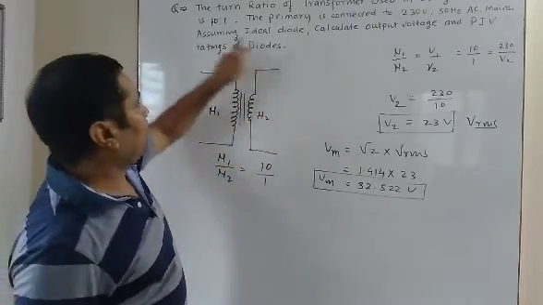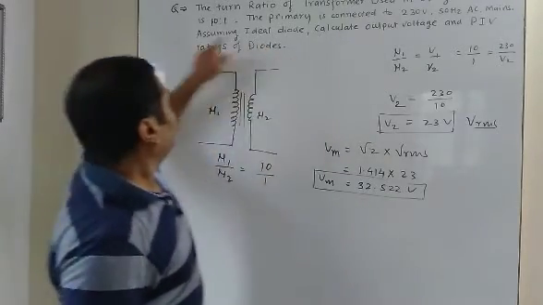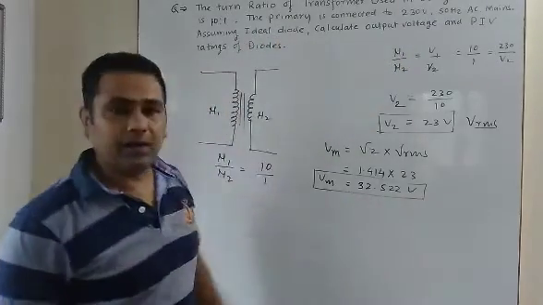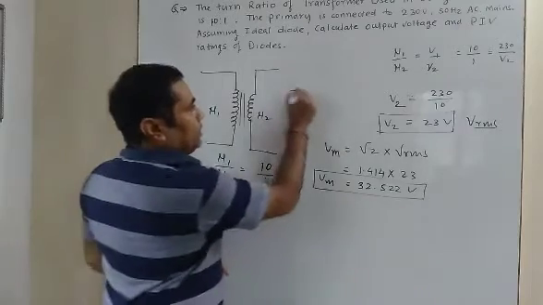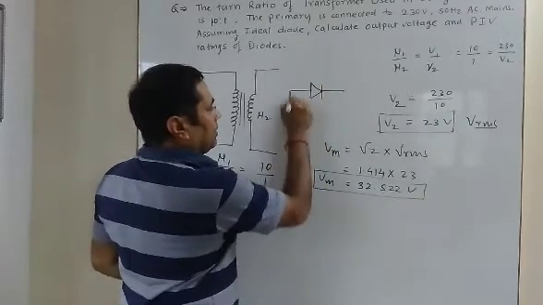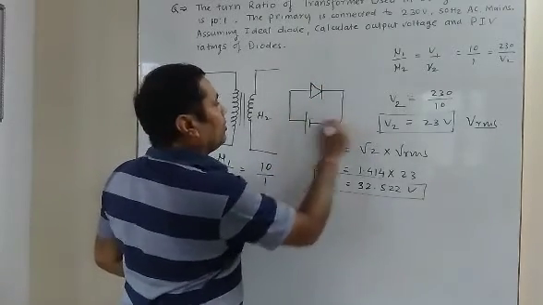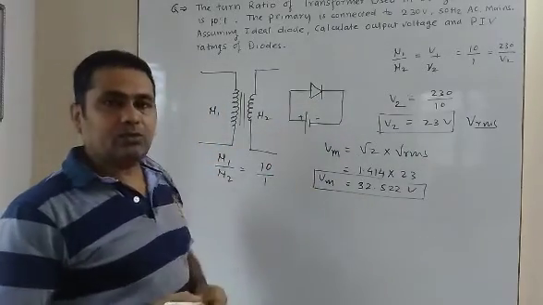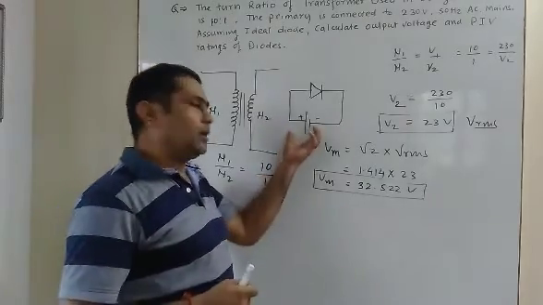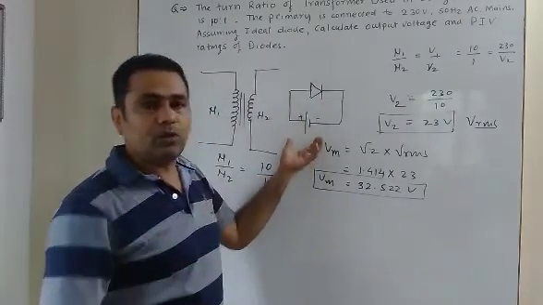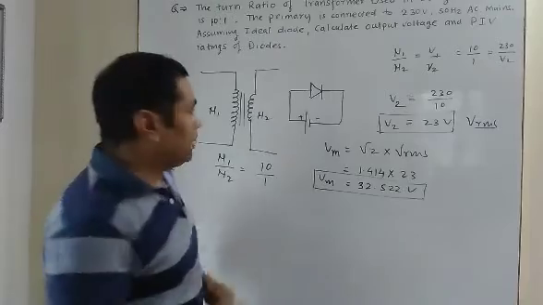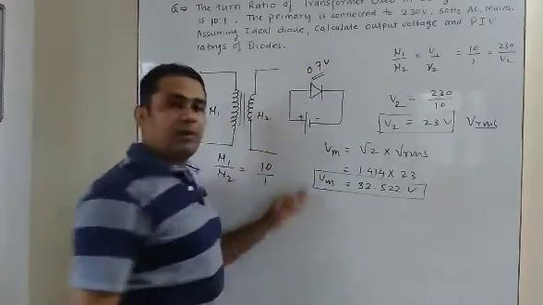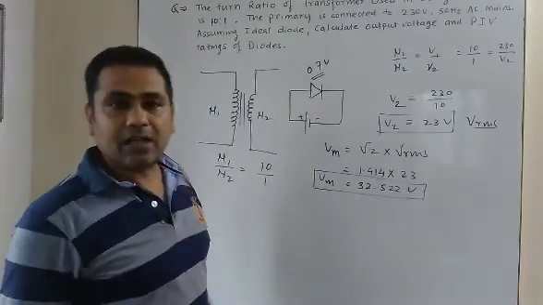Now what they have said to calculate: assuming ideal diodes, calculate the output voltage. What is meant by ideal diode? Ideal diode means whenever the diode is connected in forward bias mode, the voltage applied to the diode must be more than 0.7 volt. It means that whenever the voltage exceeds 0.7 volt, then only the diode will start conducting.